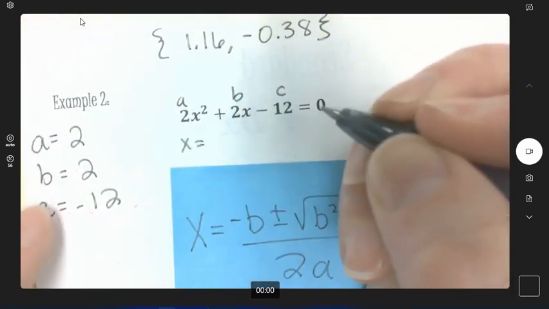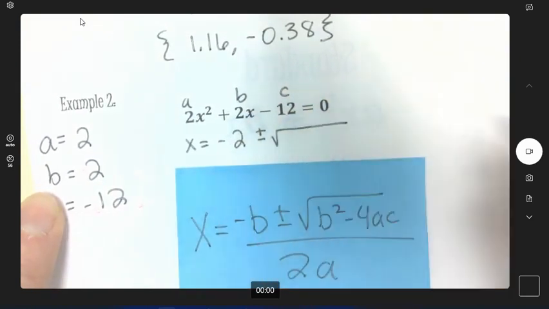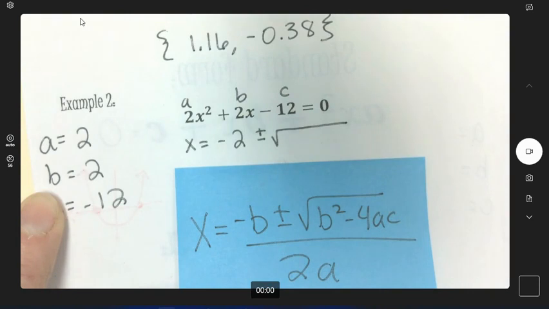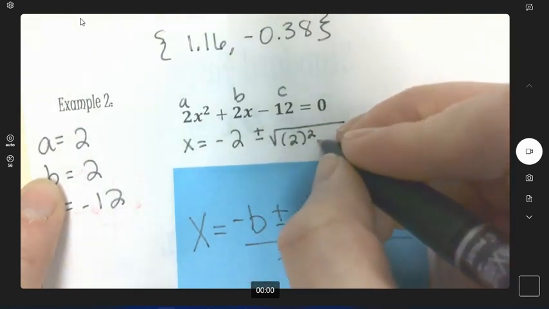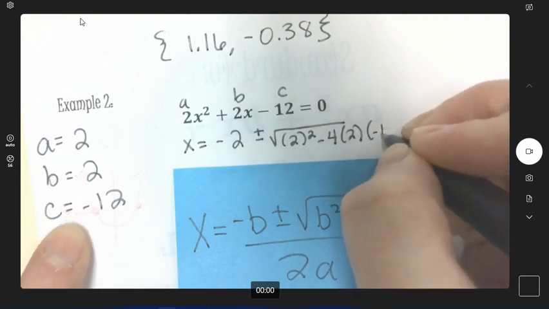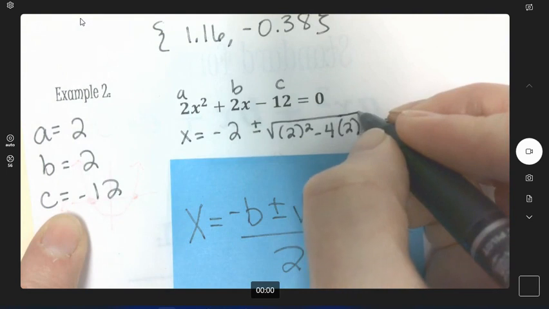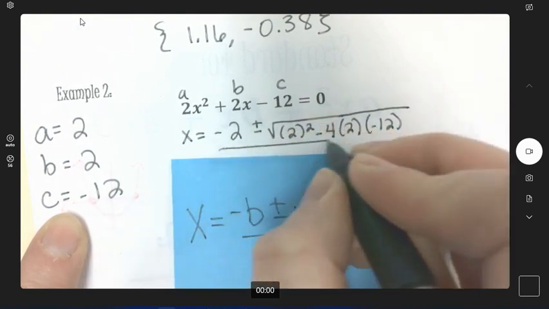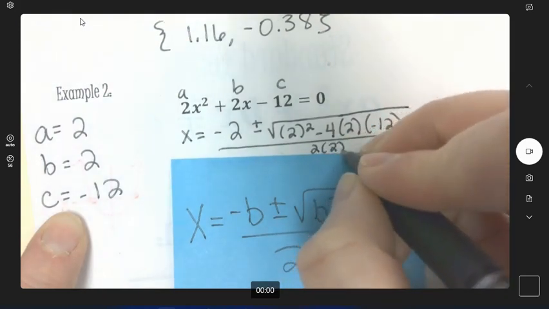X equals negative b. So it's going to be negative 2 plus or minus square root of b squared is 2. So it's going to be 2 squared minus 4 times 2 times c, negative 12. And then the radical, I need to extend that all over 2a. So 2 times 2.